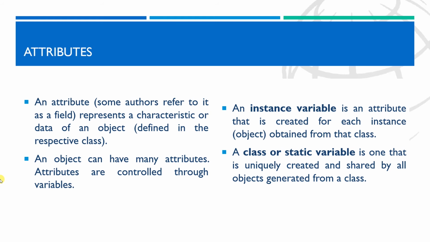A static or class variable is one that is uniquely created and shared by all objects generated from a class. That is, unlike instance variables, static variables are not copied to every object.